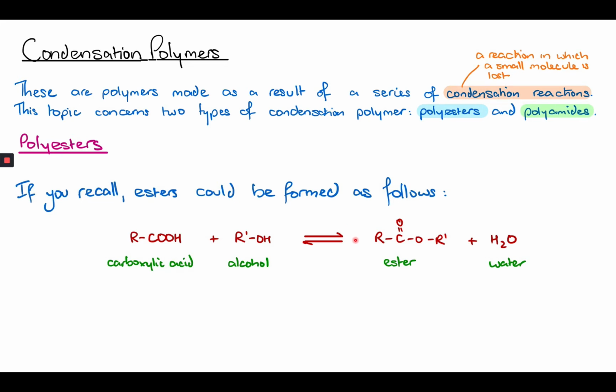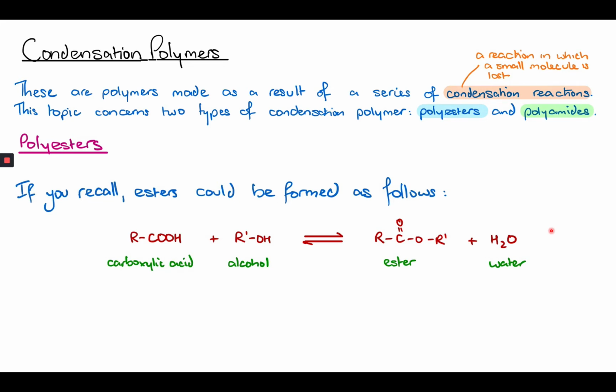Importantly, it was an equilibrium reaction, so it was possible to reverse it based on increasing or decreasing the concentration of a reactant or a product, and that's why ester reactions often feature in equilibria calculation questions. It's a way of bridging the physical and organic side of the course.